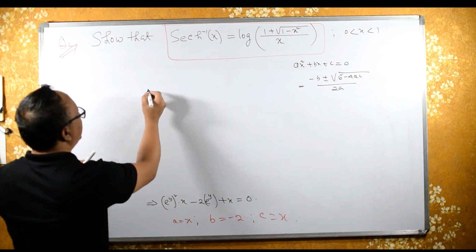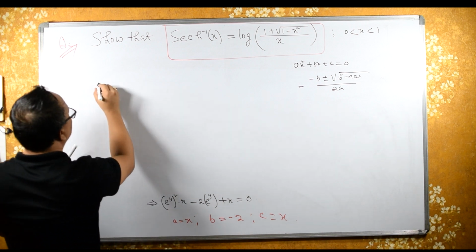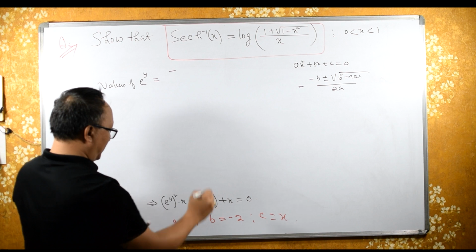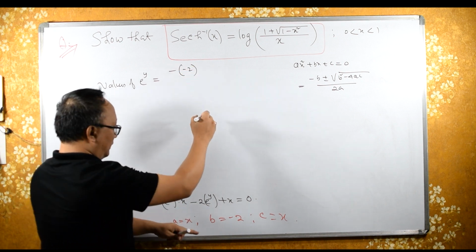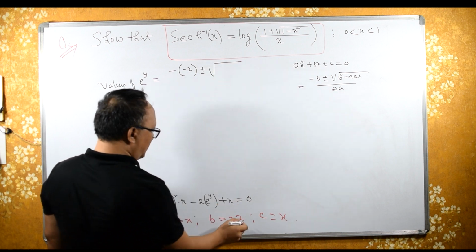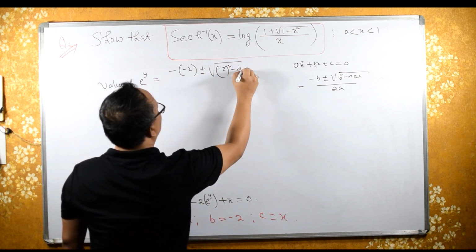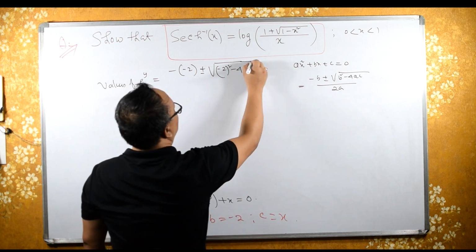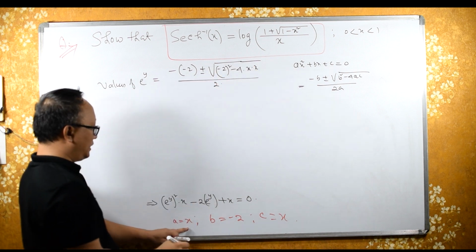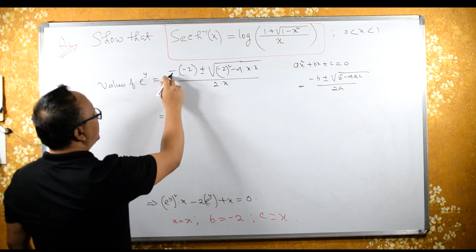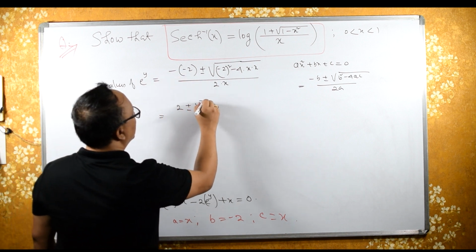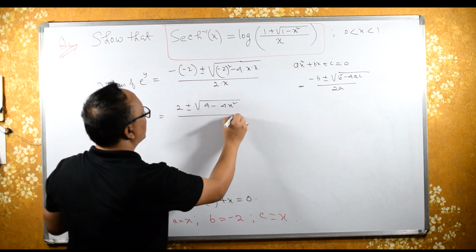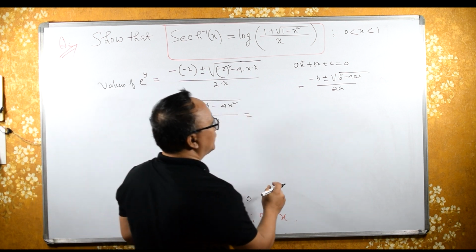Now applying this, the value of e raised to y equals minus b, which is 2, plus minus square root of b square, minus 2 whole square, minus 4a c, which is 4 into x into x, upon 2a, which is 2x. So we have 2 plus minus square root of 4 minus 4x square upon 2x.